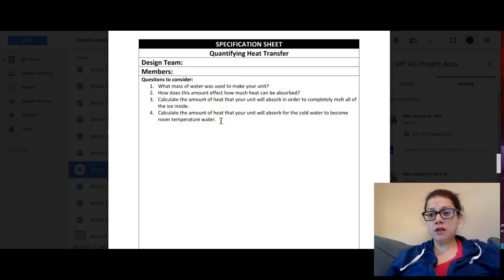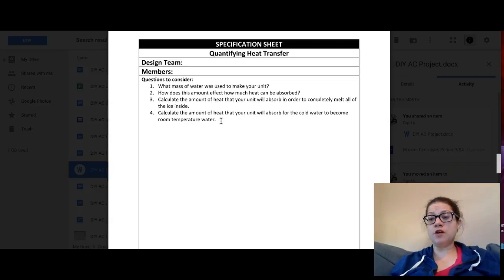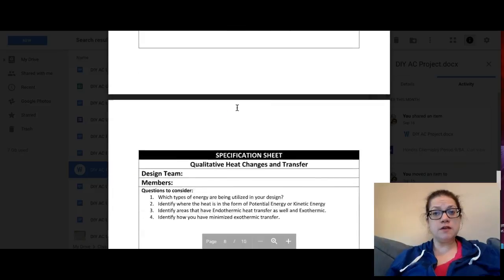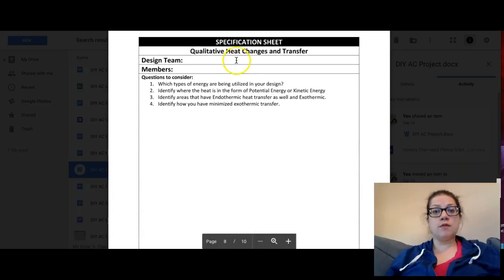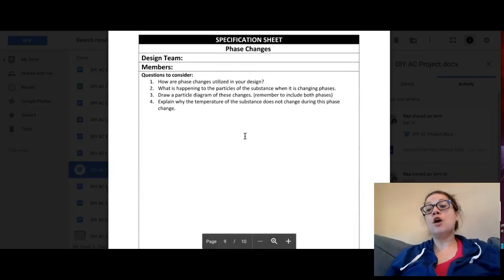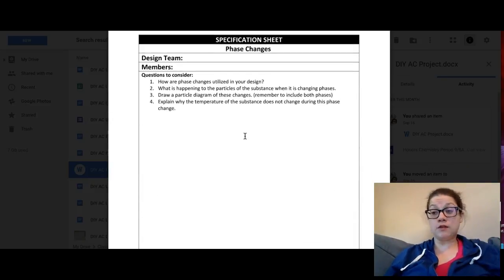We've done a few labs and some concepts in class, and now this will culminate into this project. They're going to do qualitative heat transfer, so this has a lot to do with the language that they need to understand. And so all of these specs must be on their final poster as well as in their final presentation.